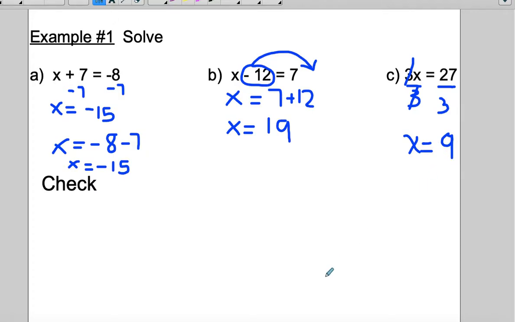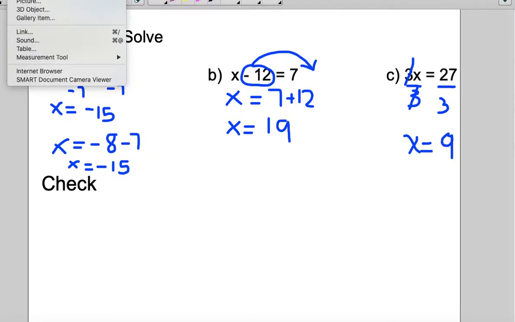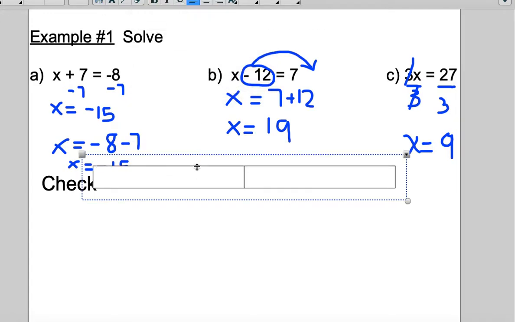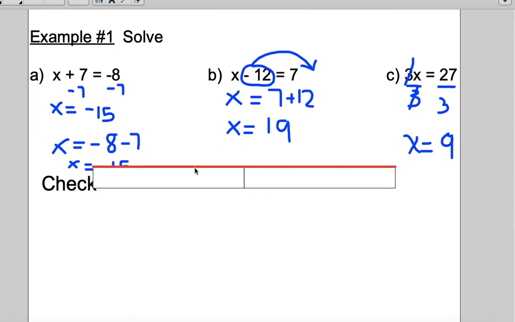So at the bottom here it says to check. When we do a check, we're basically going to do a left side, right side check.